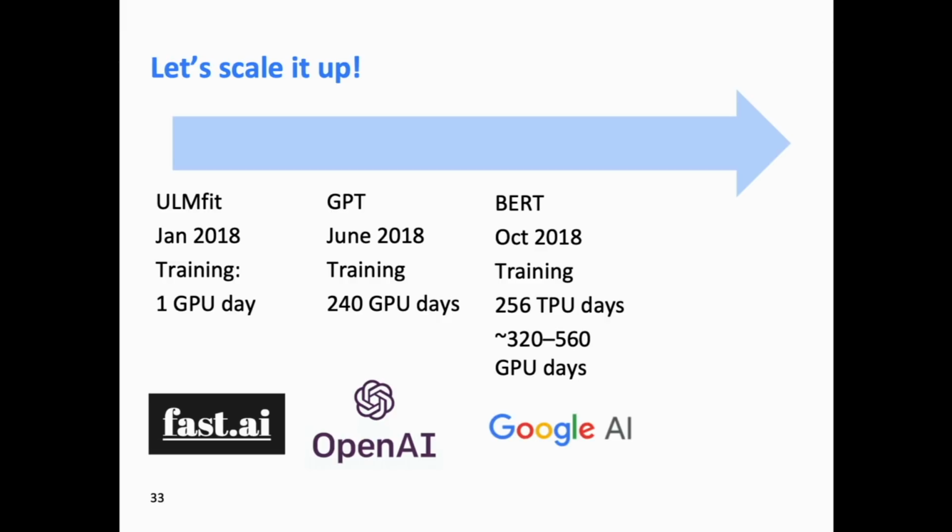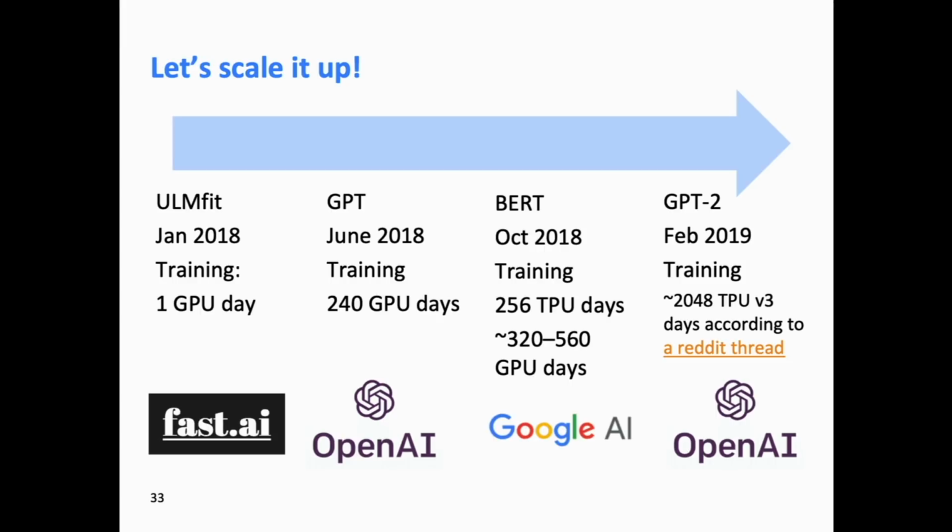And then if you're following along with these things, just last week, the OpenAI people said, well, we can go much bigger again, and we can train a model for approximately 2,000 TPU version 3 days, and it will be much better again.